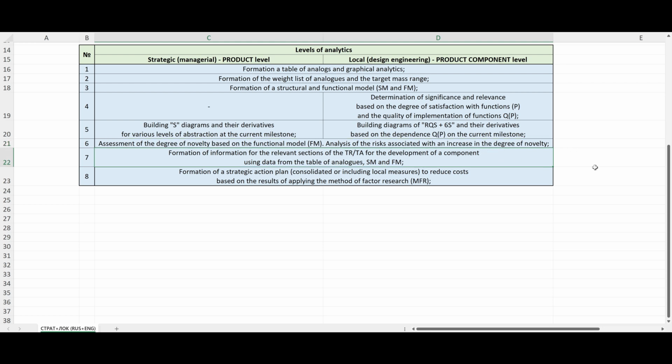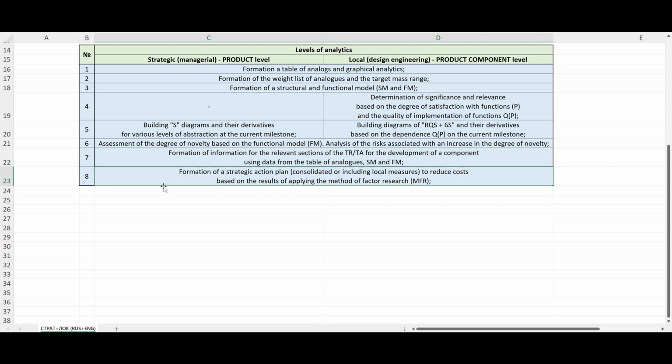Seventh, formation of information for the relevant sections of technical requirements and technical assignment for the development of a component using data from the table of analytics of the structural and functional model, including the section of technical and economic requirements for parts and simple assembly units. Technical assignment is usually not formed, but within the framework of value analysis and value design engineering for any object of analysis, an extended functional basis is formed.